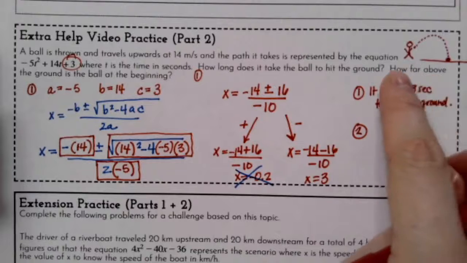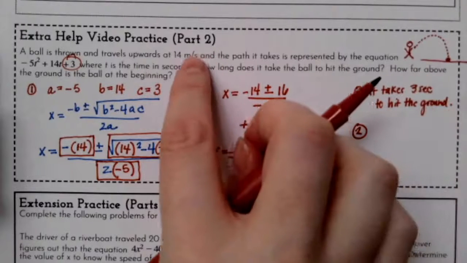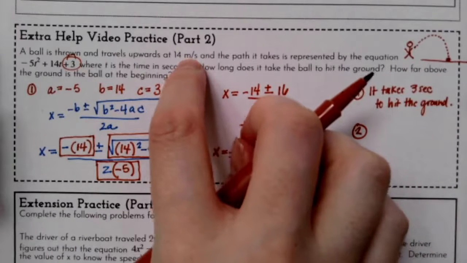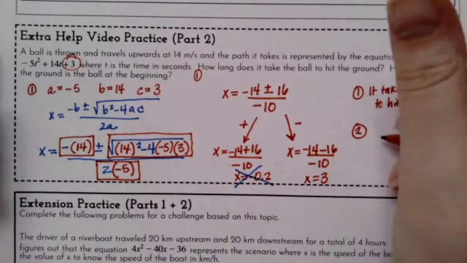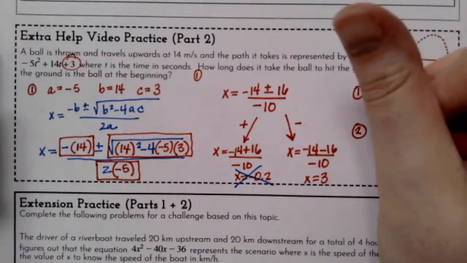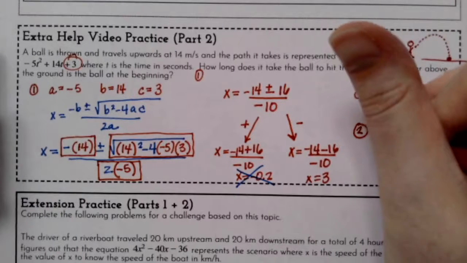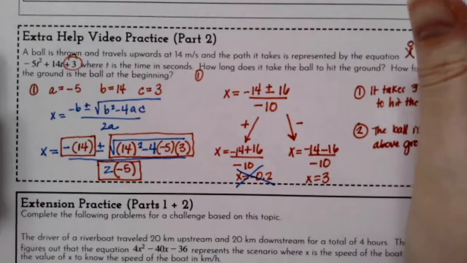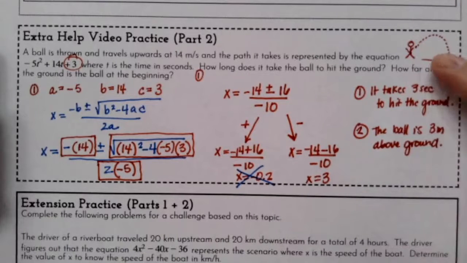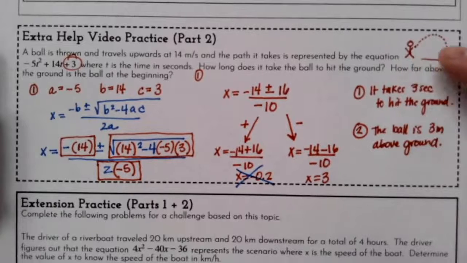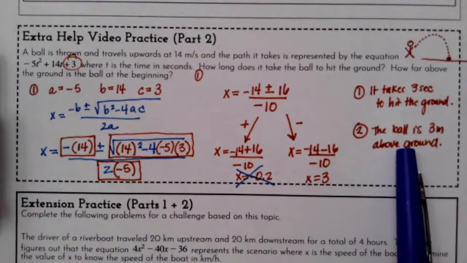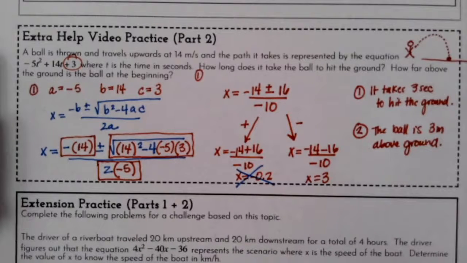How far above the ground. So our distance unit is this m, which is meters. So we're going to say the ball is 3 meters above ground. And that makes sense. Even looking at my picture, if you're throwing a ball, it needs to be off the ground. You're not going to lay on the ground with your hand touching the ground and then throw the ball from there. You're going to be standing. So it makes sense that the ball is a little bit above the ground to begin with.